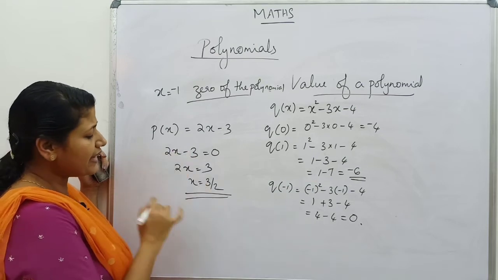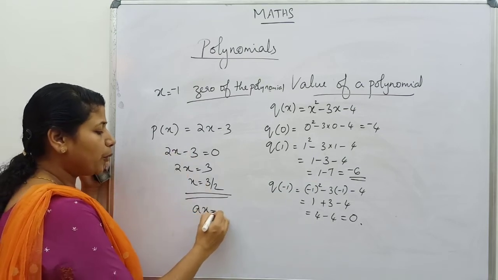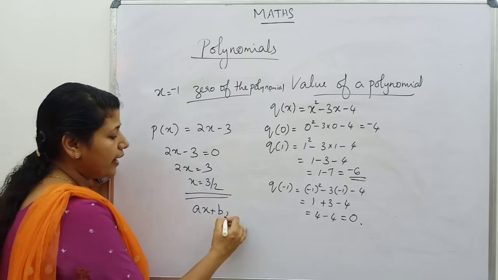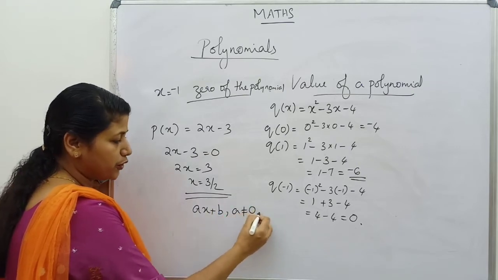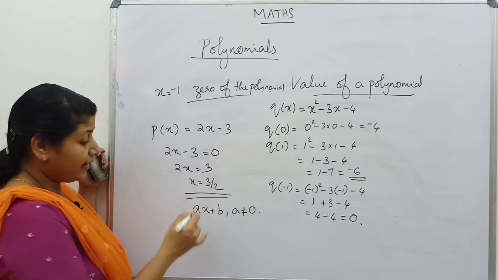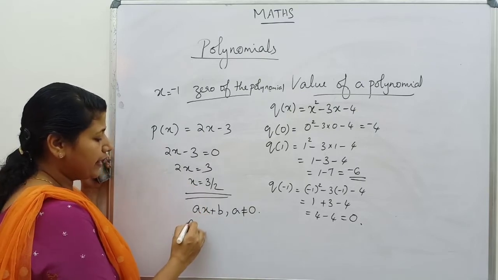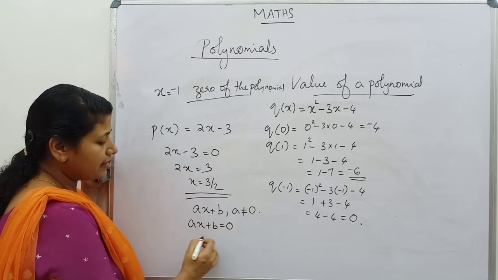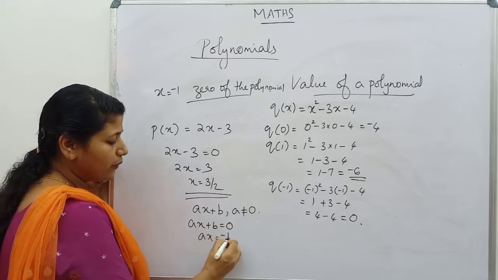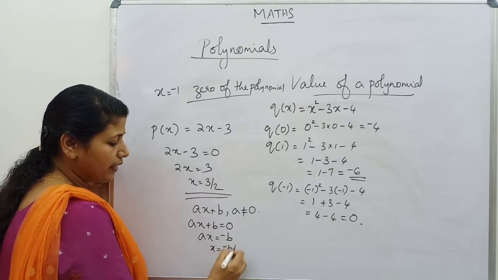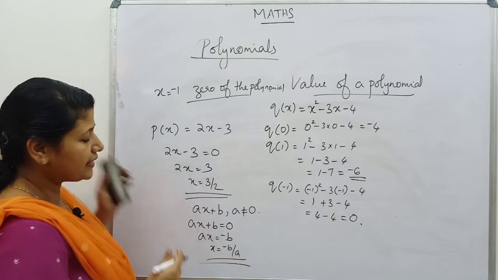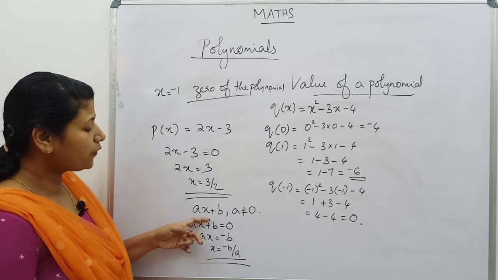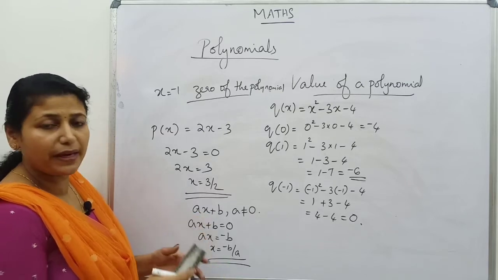So in general we can say that if you have a linear polynomial ax plus b where a not equal to 0, then the 0 of the polynomial is found by ax plus b equal to 0. Then ax equal to negative b, then x equal to negative b by a. So for any linear polynomial ax plus b, the 0 of this polynomial will be negative b by a.